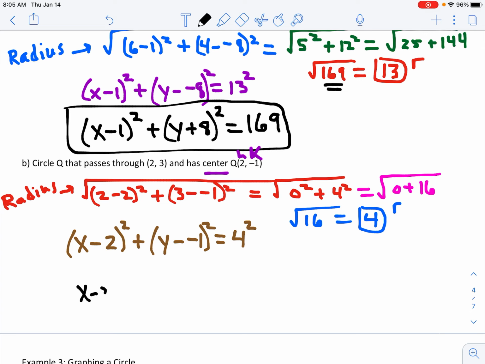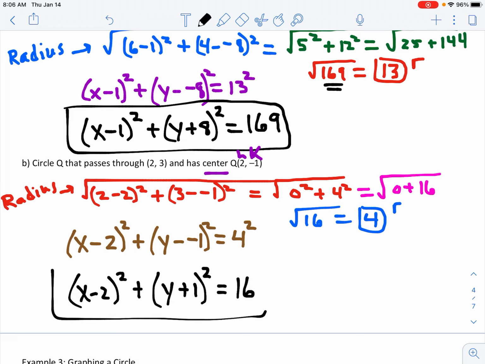Last, clean up any double negatives. X minus 2 squared plus y minus a negative will change to a positive, and then 4 squared equals 16, so here is the equation of our circle.